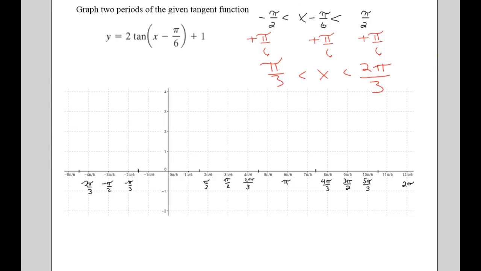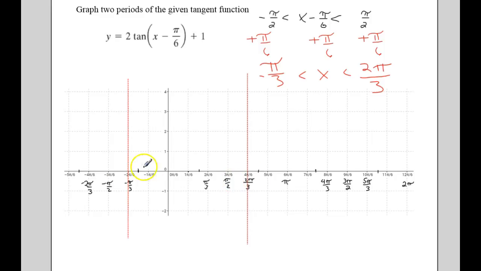So I'll put those on there at negative pi over 3 and positive 2 pi over 3. So there's one period of this thing. Oops, this should have been a negative pi over 3, sorry. And then we're going to do that same thing again. Notice this is negative pi over 3, this is 2 pi over 3.